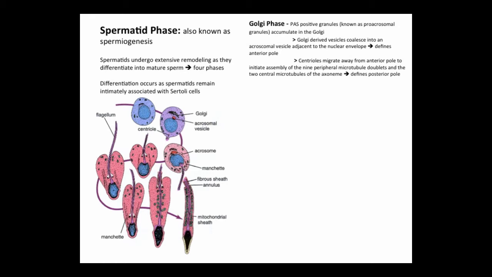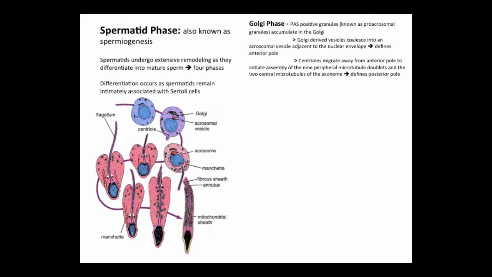Golgi-derived vesicles coalesce into an acrosomal vesicle adjacent to the nuclear envelope, and this acrosomal vesicle defines the anterior pole of the future sperm. Centrioles migrate away from the anterior pole to initiate the assembly of the 9 peripheral microtubule doublets and the 2 central microtubules of the axoneme.